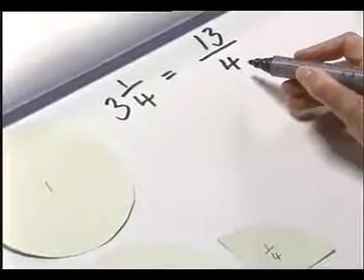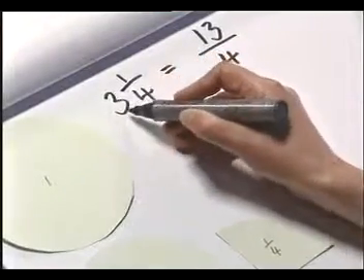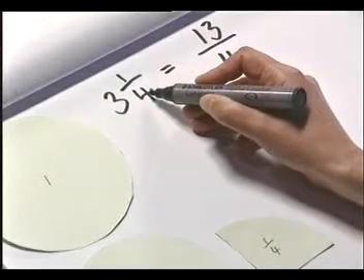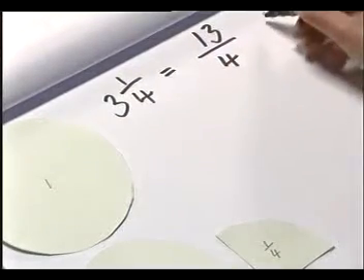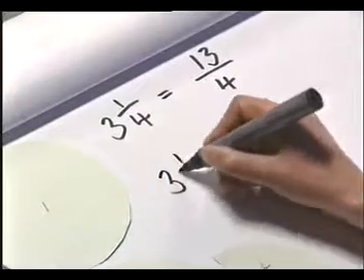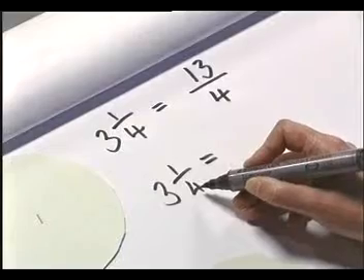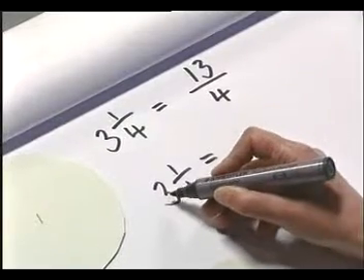Well, let's have a look at how you might do this if you haven't got the visual aid. What we've actually got here is our whole number and the fraction. We want it in quarters. So let's write it again. We're actually saying we want 4 quarters for every whole one.